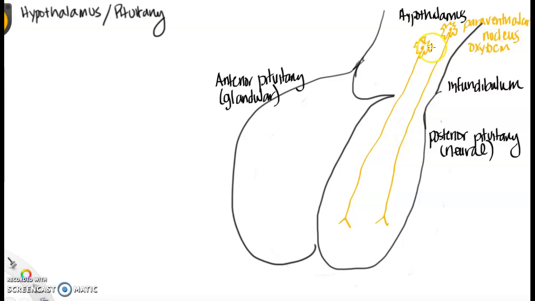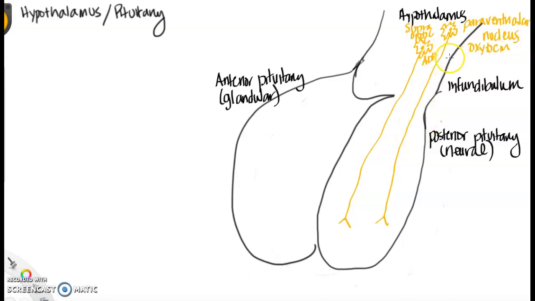The other nucleus is called the supraoptic nucleus, and it makes ADH.